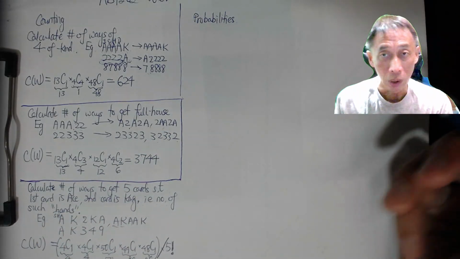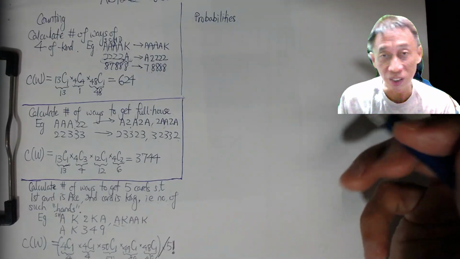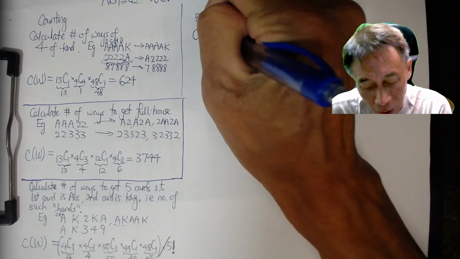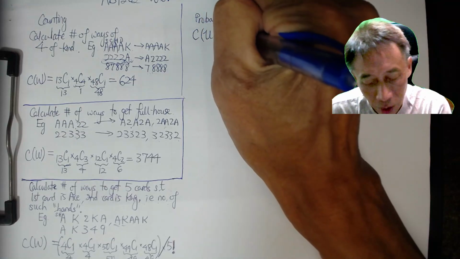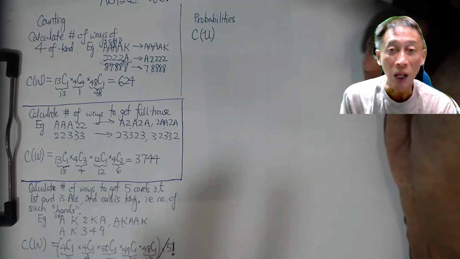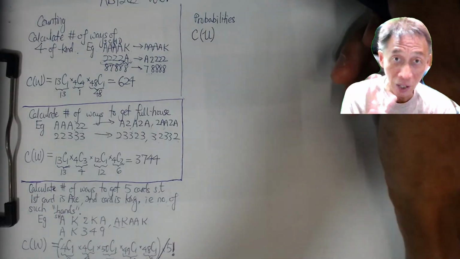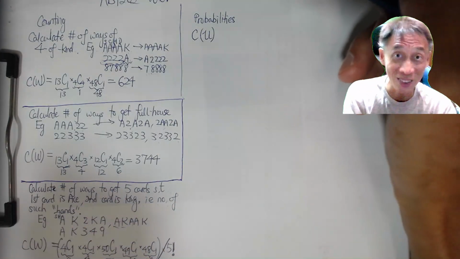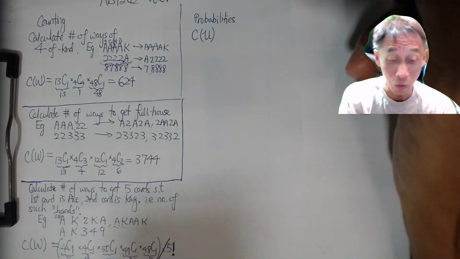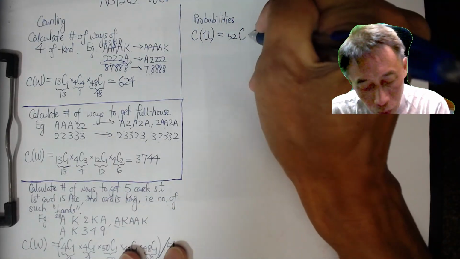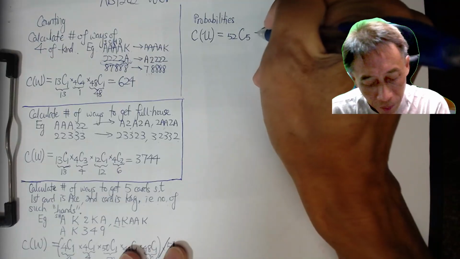Right? So counting and finding probability is very closely related. Why? Because counting the universal set. That is, I want to have a 5-card combination. Don't care about the order within the 5-card combination, correct? Just draw 5 cards. Do I get a 4 of a kind? So simply 52 choose 5 cards.